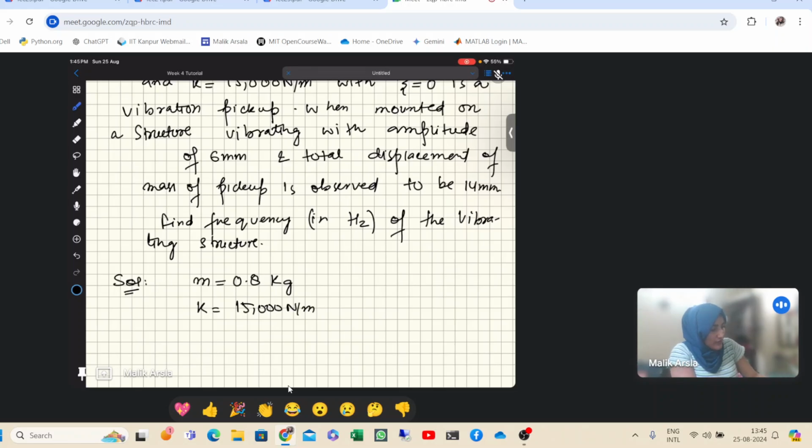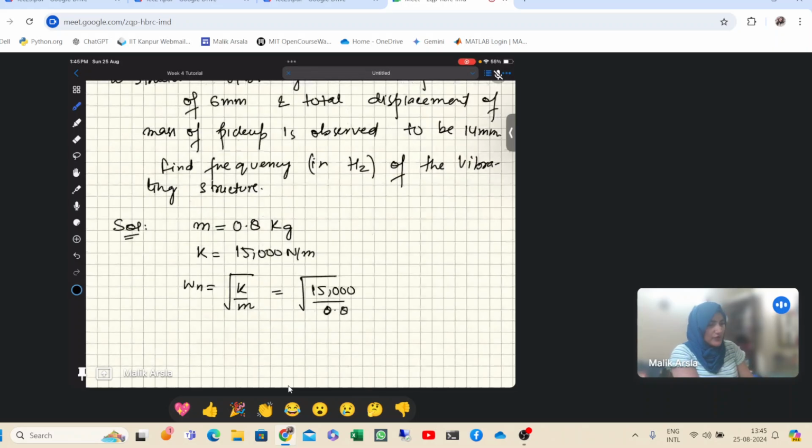So from here you can in just one step calculate the under root k by m, that is the natural frequency. So yeah, it is 15,000 by 0.8, right? So let me write it down like this only for now.